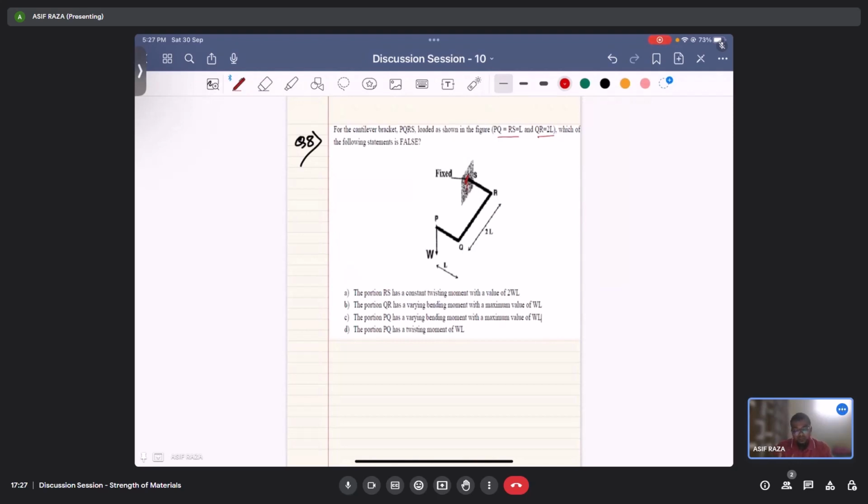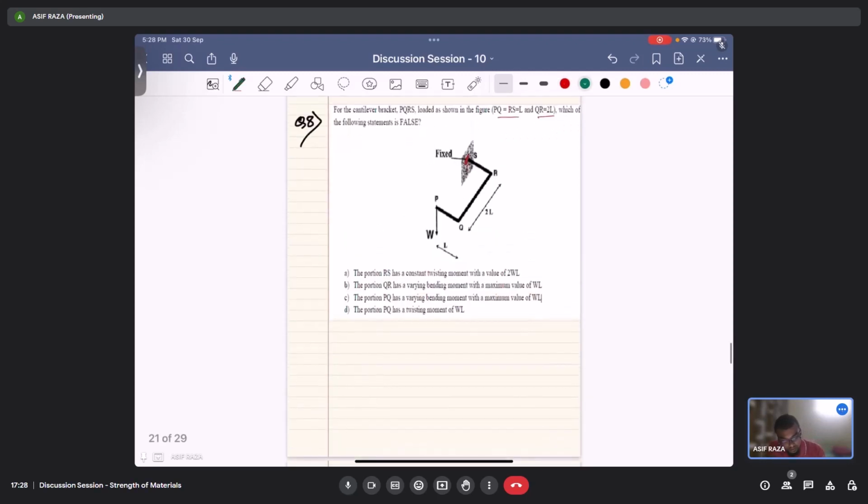Okay, rather than seeing all the four statements, let's see all the arms PQ, QR, RS, what is happening there. Let me draw it here.